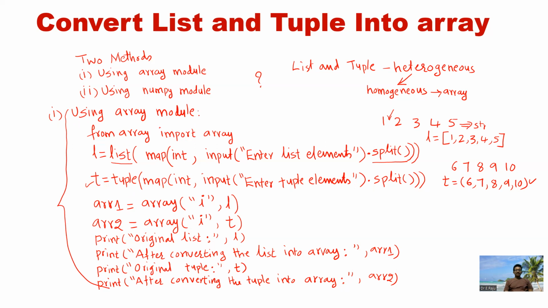So by using this first method, we have converted a tuple and a list into an array. Here, what we are doing is reading the list and the tuple from the keyboard. Hope you understood. If you have any doubts, please leave them in the comment section.